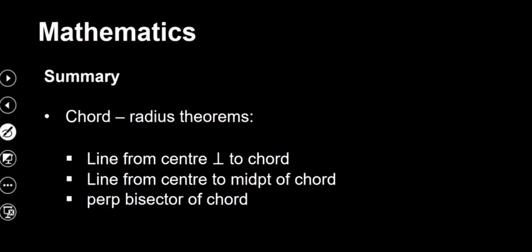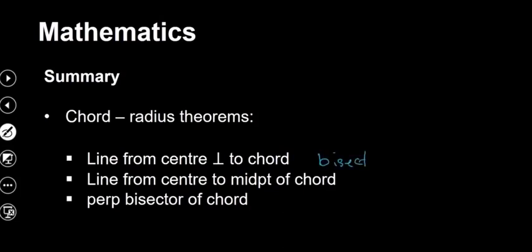Now, let's just look at a summary of all that we've done so far. One, we have the chord and radius theorem: if a line is drawn from the center perpendicular to the chord, it bisects the chord.